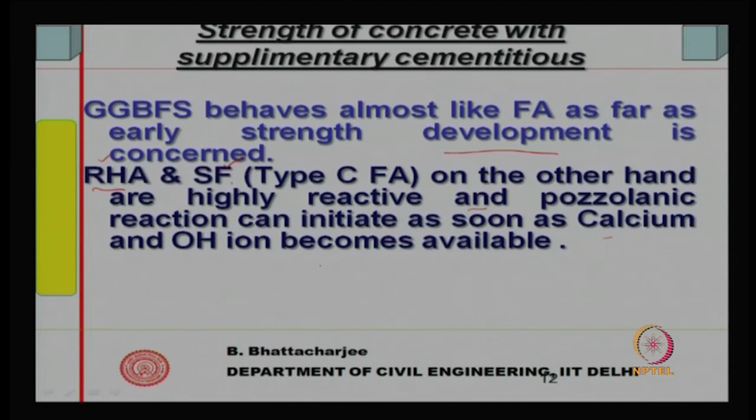Rice husk ash also has a very high specific surface, that is what we have seen. So, it can also exhibit a high rate of reaction, and therefore the problem of low early strength may not be a major problem with rice husk ash, but another problem is definitely there, because rice husk ash is so cellular that it requires too much superplasticizer, and therefore getting a hardened product itself may become somewhat of a problem.